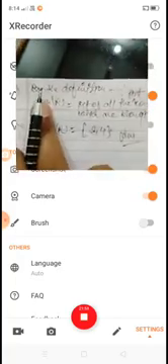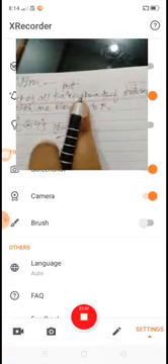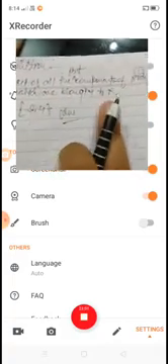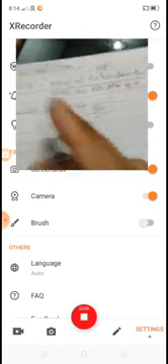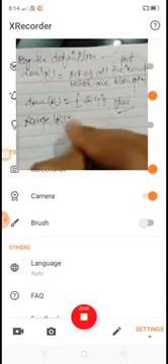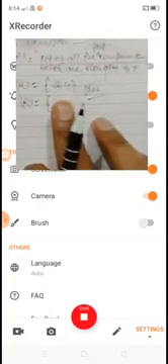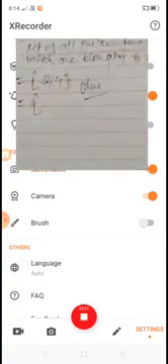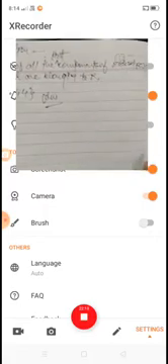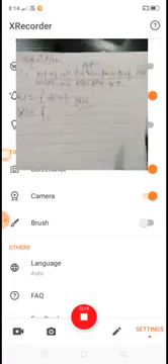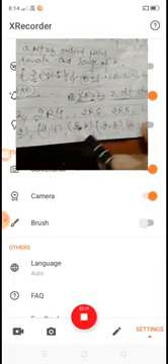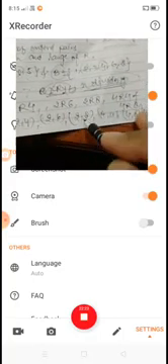Domain of R is the set of all the first components of ordered pairs which are belonging to R. And second one, range of R. Range of R is the set of all the second components of ordered pairs which are belonging to R. So all the second components are 2, 4, 6, 8.